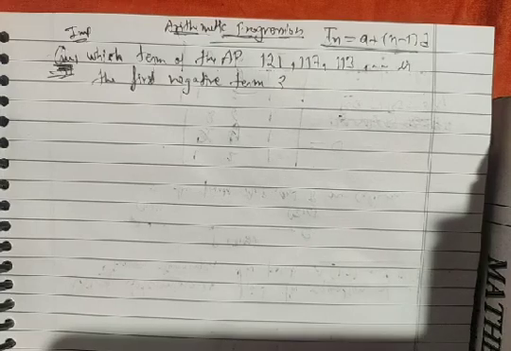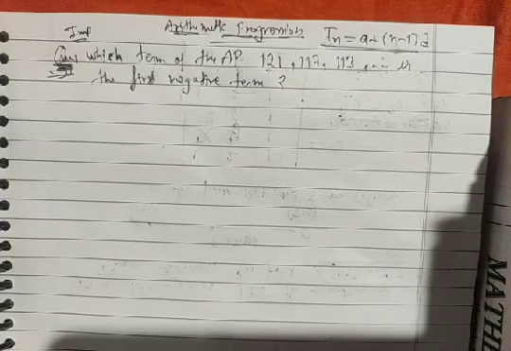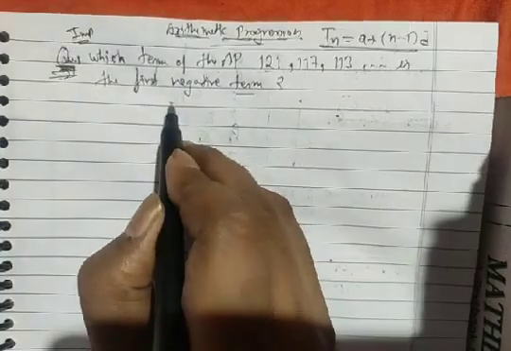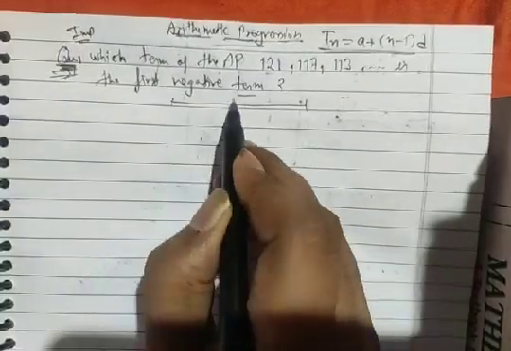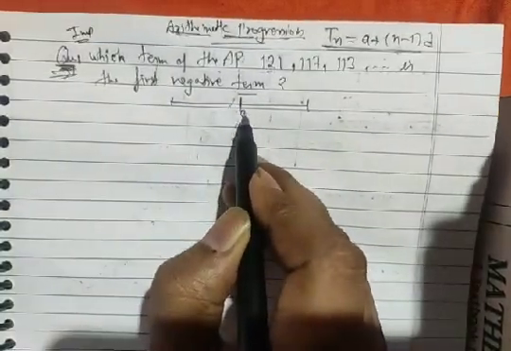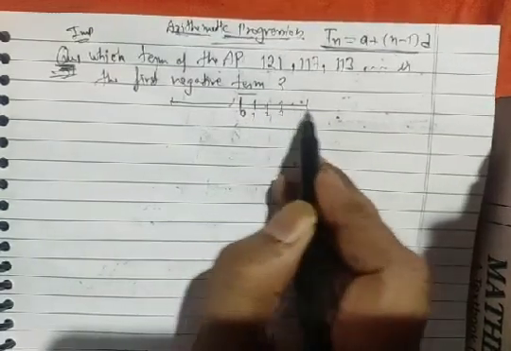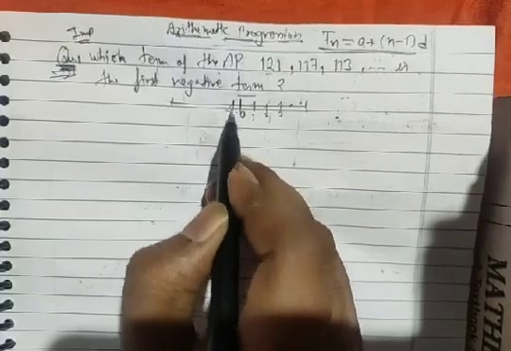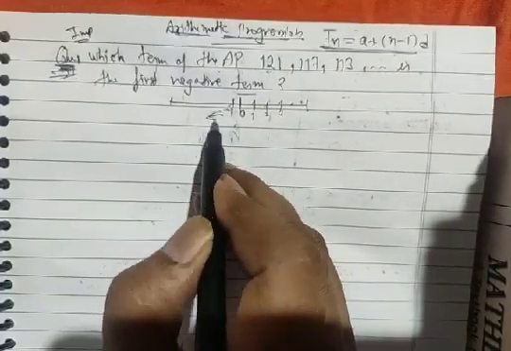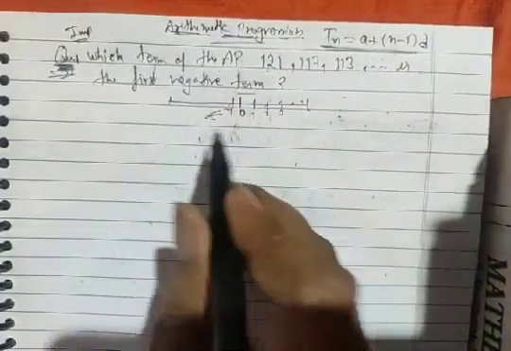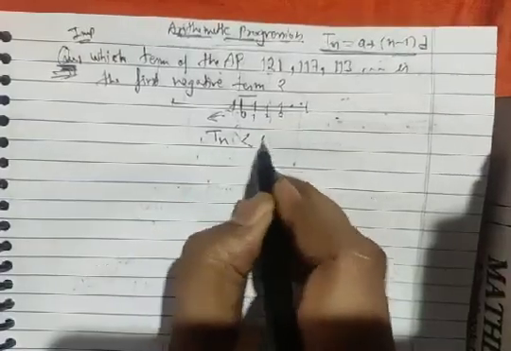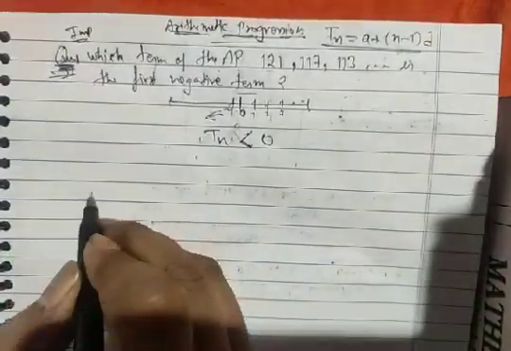Negative term means, just remember the real line. This is our 0, here are the positive numbers 1, 2 and 3 and so on, and here we go to the negative numbers. To find a negative term, our general term Tn must be less than 0.